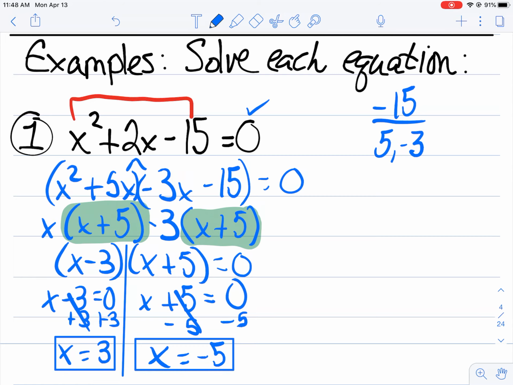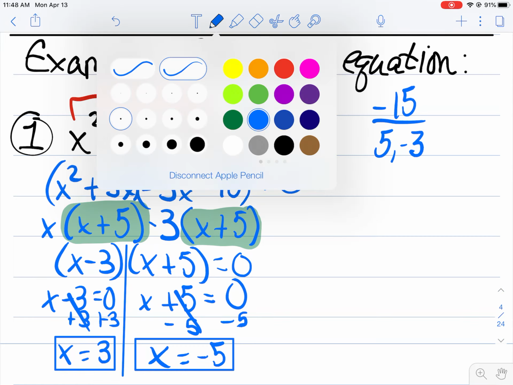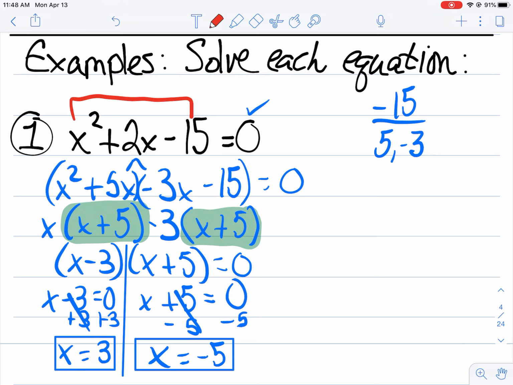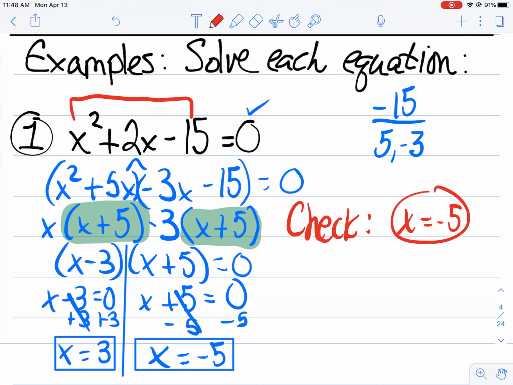And you can plug these back in. In fact, you can plug it in up here to the original equation too, if you want to. I'll do that one with the negative 5, so you can check it real fast. So I'll do negative 5 squared plus 2 times negative 5 minus 15, and we're going to see if that equals 0.